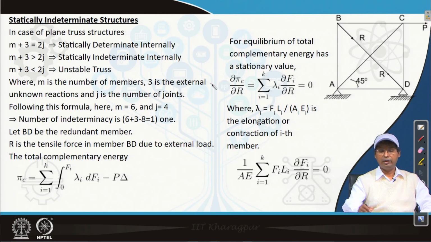If we consider the variation with respect to R, we get the equation, where lambda is the elongation or contraction of the ith member due to the external load, and that gives us the equation in the form: sum over i equals 1 to k of 1 by A_i E_i, F_i L_i, del F_i by del R, equals 0.